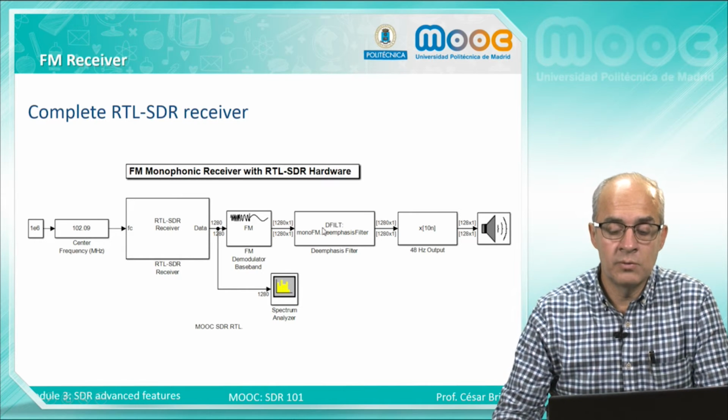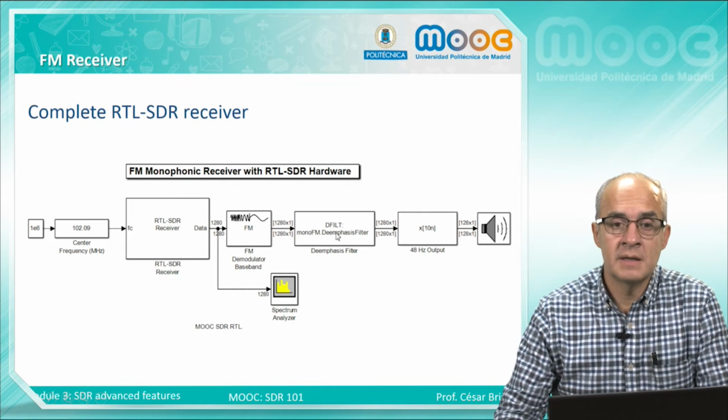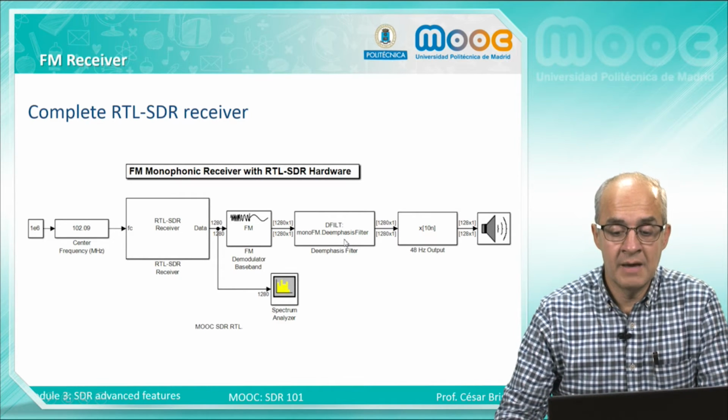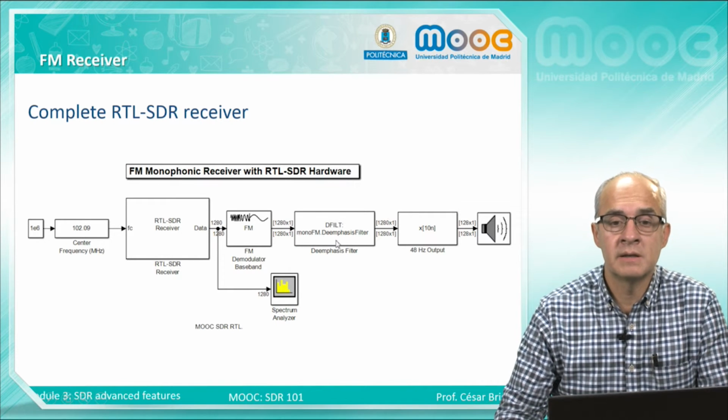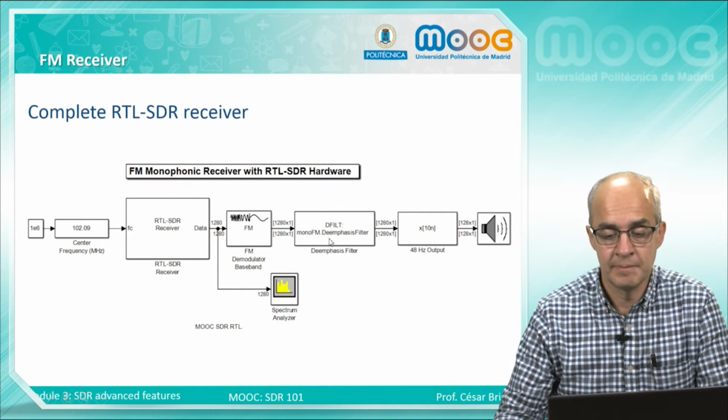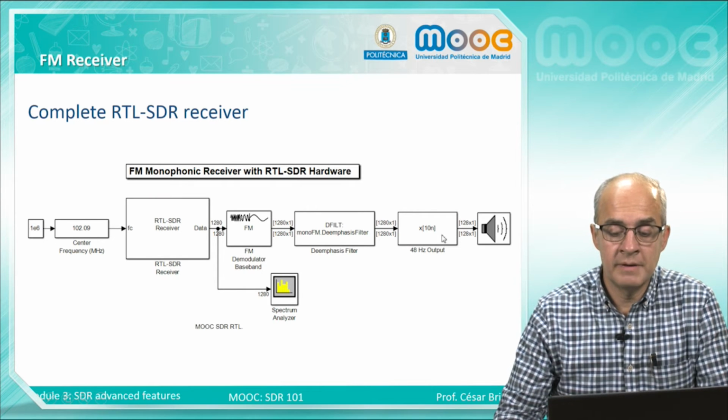And then we have two filters. The first filter is a low-pass filter that we call the emphasis filter. This is because the FM demodulator has a high-pass response, and then it's necessary to equalize the response with a filter. And the other filter is a decimation filter.